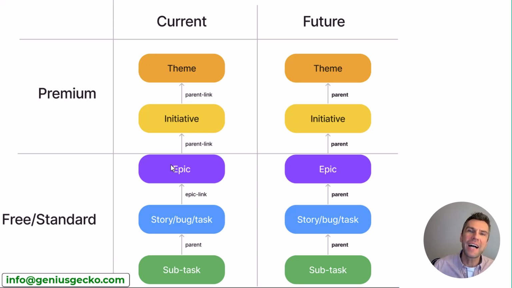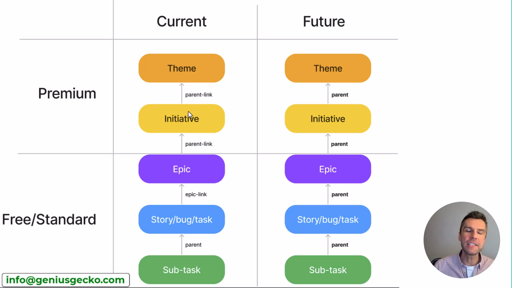When it comes to items in the hierarchy above the epic, for example, initiatives or themes, a dedicated link type called parent link was used, and in that case that was a separate field, so you already had an epic link field and a parent link field.